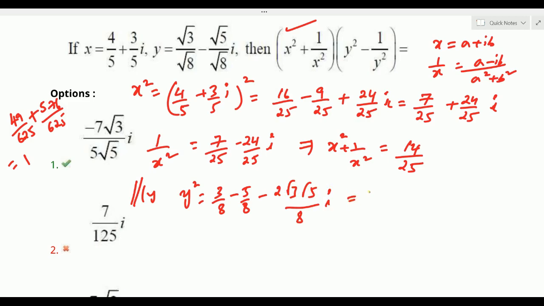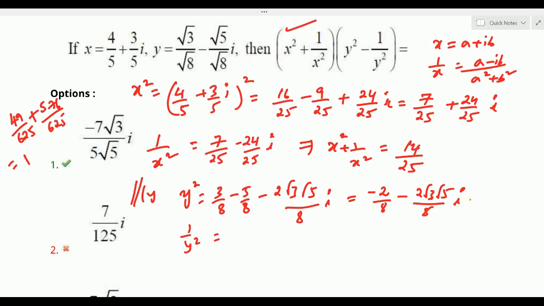Again this is 3 minus 5 is minus 2 by 8, minus 2 root 3 into root 5 by 8 i, right? So in the same way, as I said earlier, 1 by y square, 1 by a square, 1 by i square becomes.